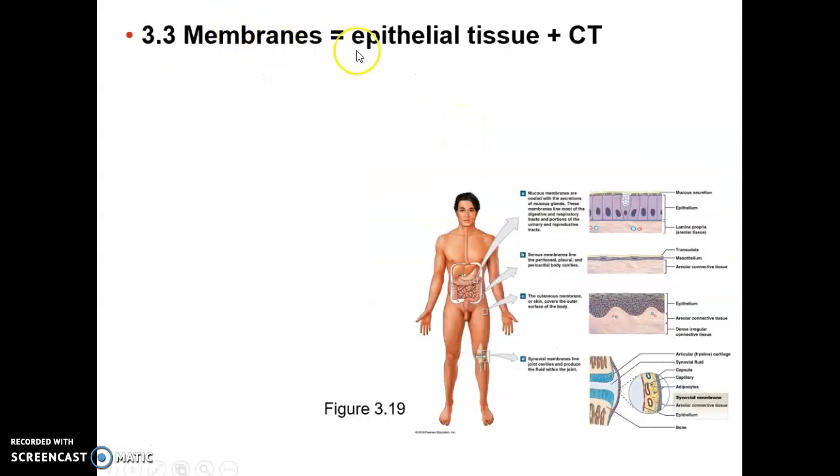Okay, let's look at membranes. So membranes within the body have an epithelial tissue and an underlying connective tissue. As you see here, in purple, an epithelial tissue and underneath connective tissue. Notice it's only cellular epithelial tissue, and this looks like what? Simple columnar epithelium.